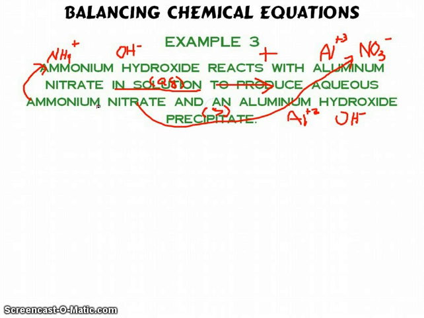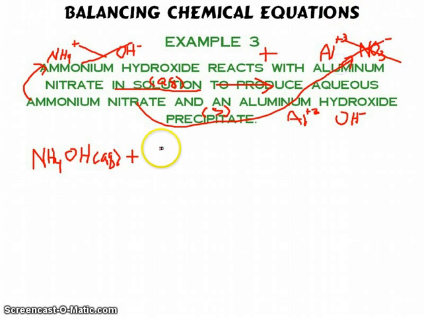So we're going to put all these pieces together. I've got ammonium hydroxide. I generate the formula for this by swapping charges. So NH4OH in solution, aqueous, plus aluminum nitrate, again ionic, so swap charges, Al(NO3)3, aqueous.